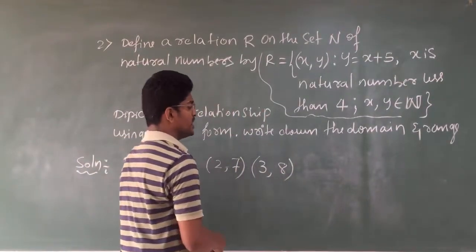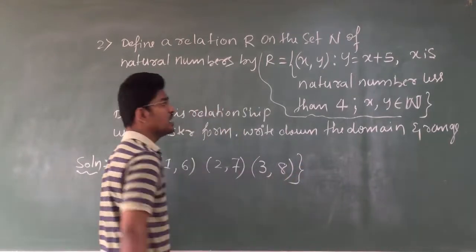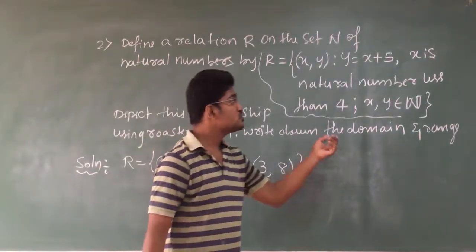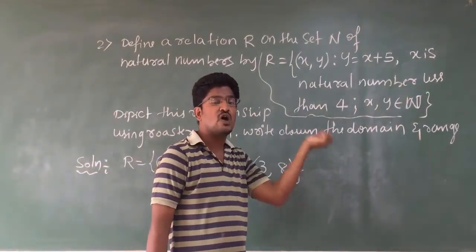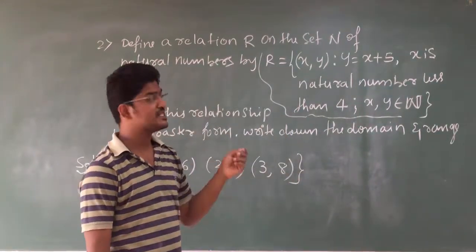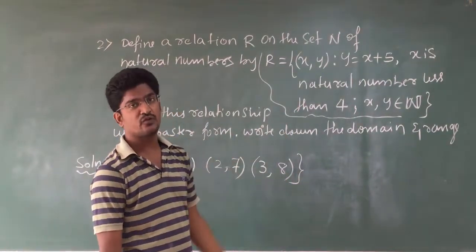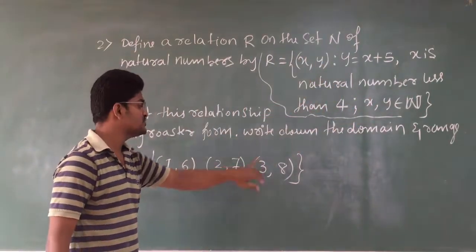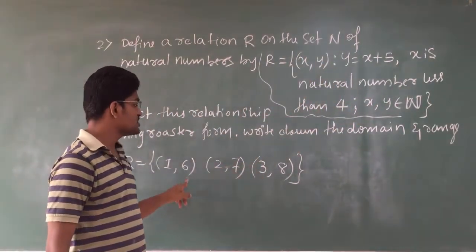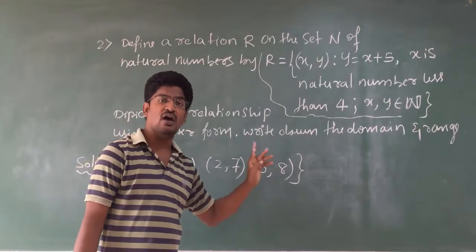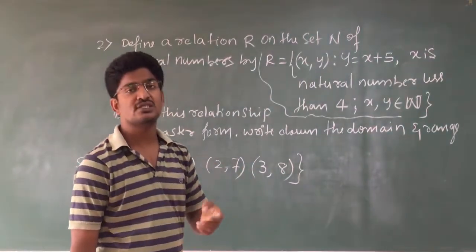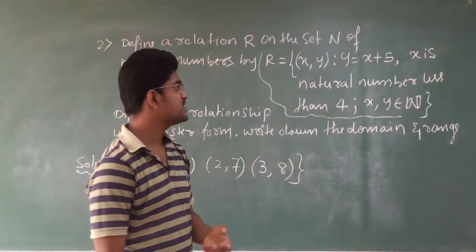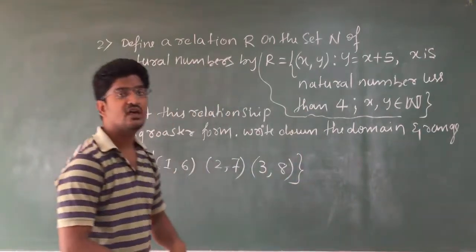Lesser than 4 means you can't take 4, because you have to choose the numbers lesser than 4, not lesser than or equal to. If they say lesser than or equal to, you can take 4. So here they have told only lesser than 4. So that's why here it ends for 3. So (1, 6), (2, 7), (3, 8). I can't take 4 because they have a condition for x, that is x should be lesser than 4.